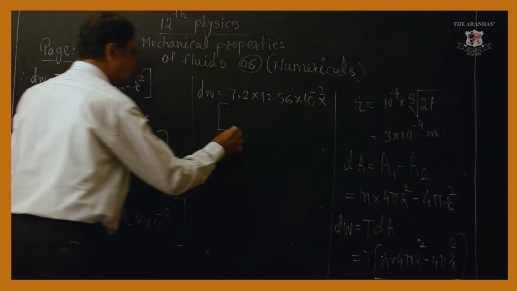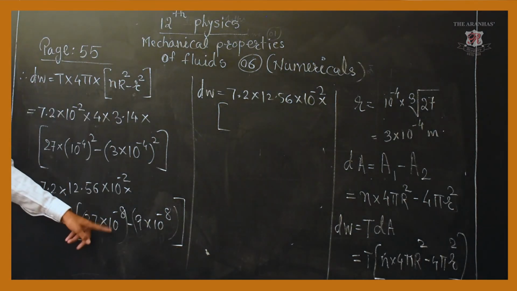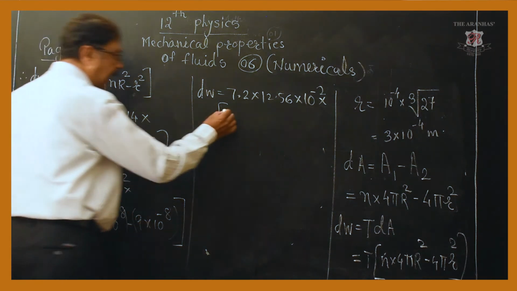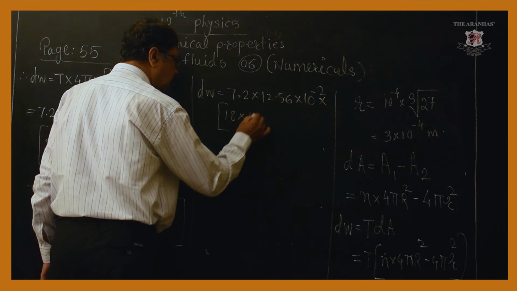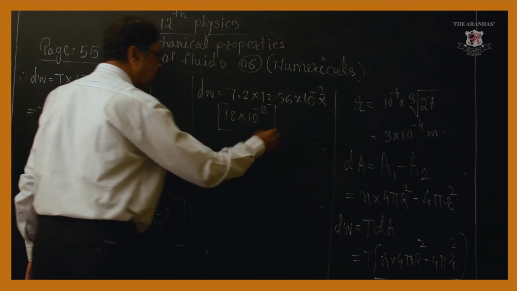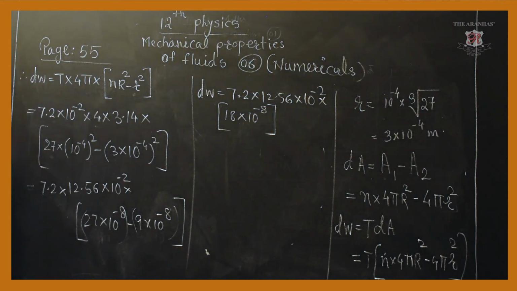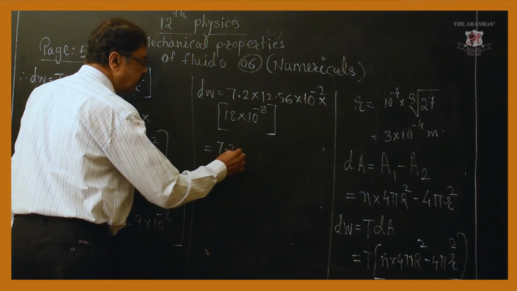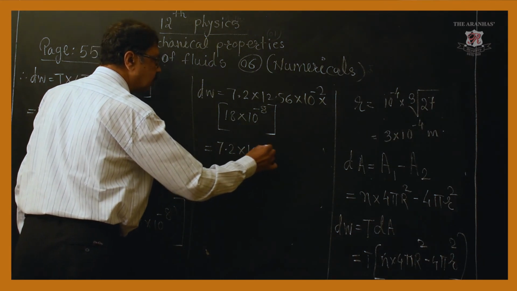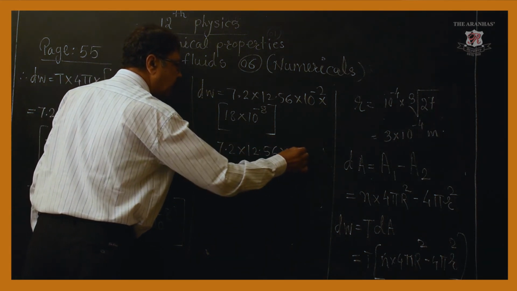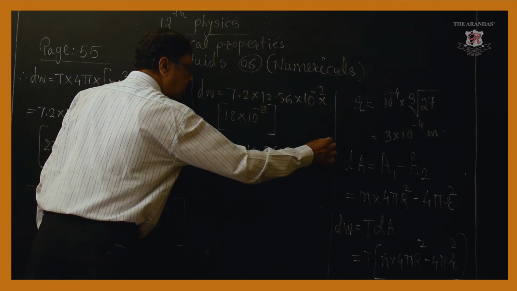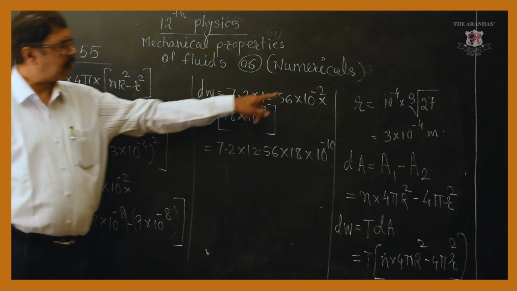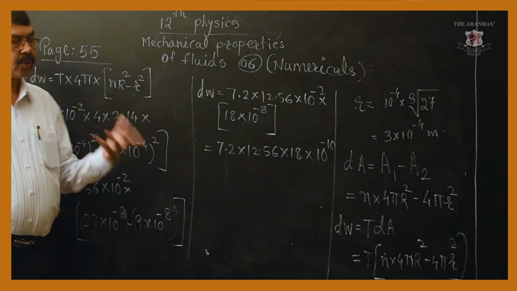Now I am solving this bracket. 10 raised to minus 8 is common. 27 minus 9 is 18 into 10 raised to minus 8. Now merge the powers of 10 and arrange the numbers. 12.56 into 18 into 10 raised to minus 10. This 10 raised to minus 8, this 10 raised to minus 2.